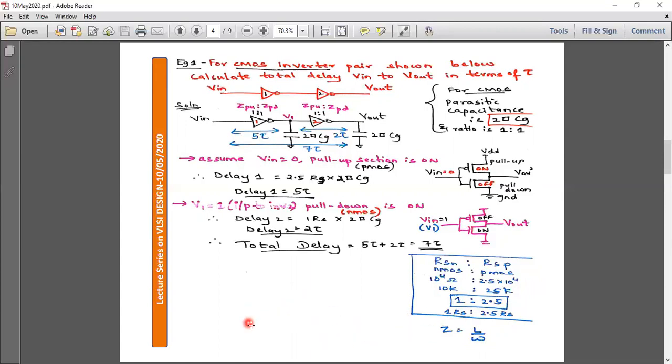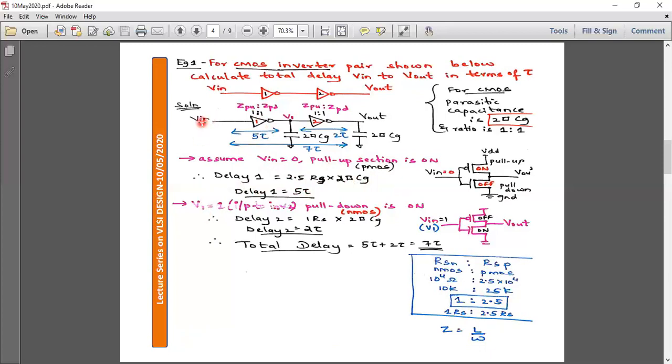The formula for resistance was R equals Rs into L by W. L by W is nothing but Z, therefore R equals Z into Rs. I have assumed Vin as 0, so my pull-up device is on. Pull-up is PMOS, hence the resistance is 2.5, and the pull-up ratio is 1, so 2.5 into 1. 2.5 Rs into 2 Cg gives you 5 tau.